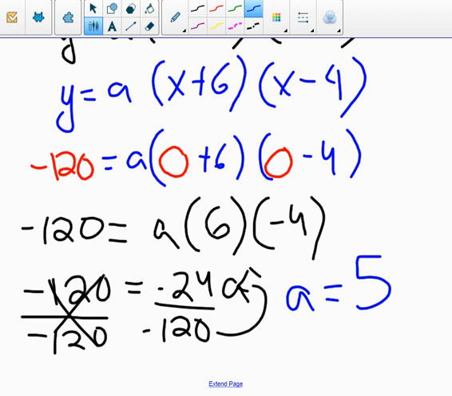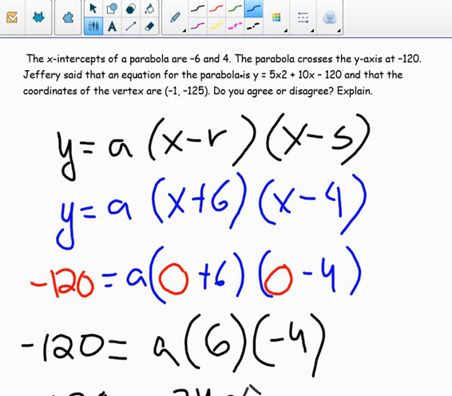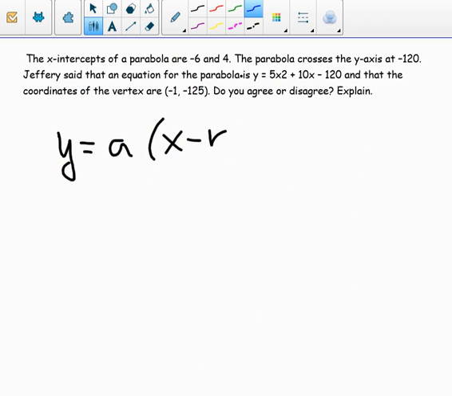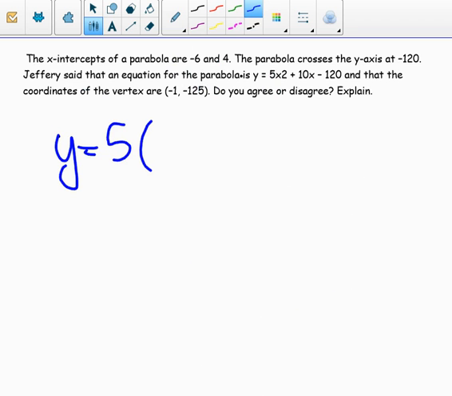So after all this process, what we got is the real equation in factored form: y equals 5(x plus 6)(x minus 4).